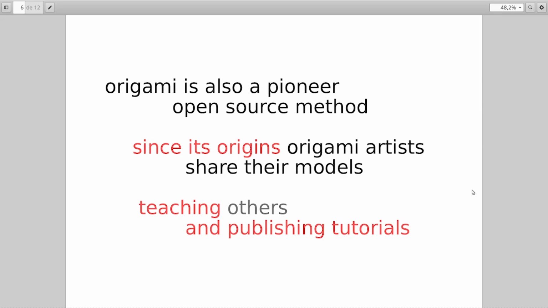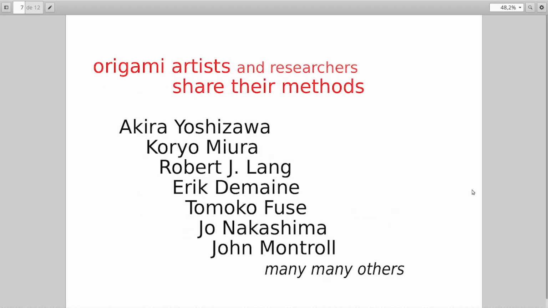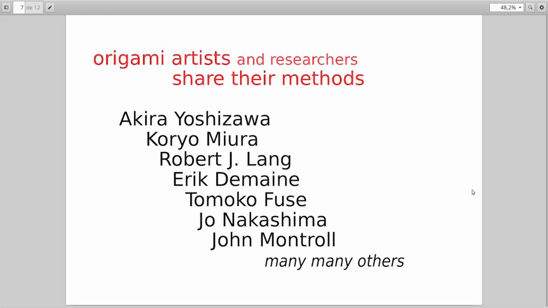So open source has been part of origami culture since its very beginning. Here are a lot of people researching origami from the second half of the 20th century, and all these people have tutorials, books and papers on origami models.